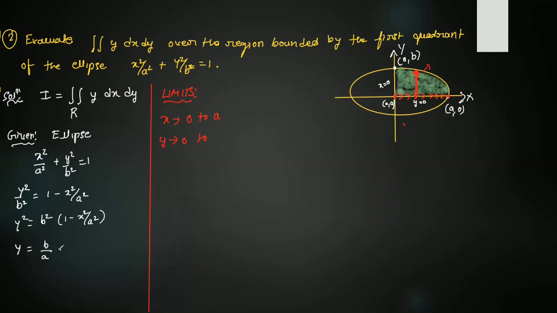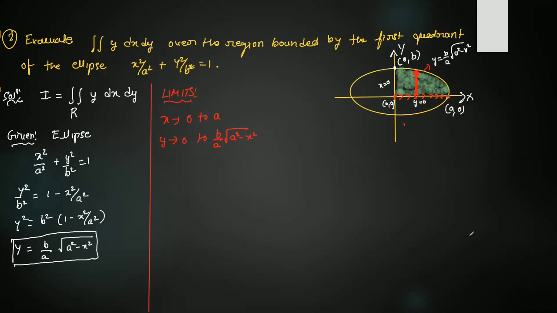After taking LCM, a square minus x square remains, a square will be outside, and if I take the square root, it gets cancelled. So y is equal to b by a square root of a square minus x square. So it is clear that y is varying from this straight line, y equal to 0, to this curve, b by a square root of a square minus x square.